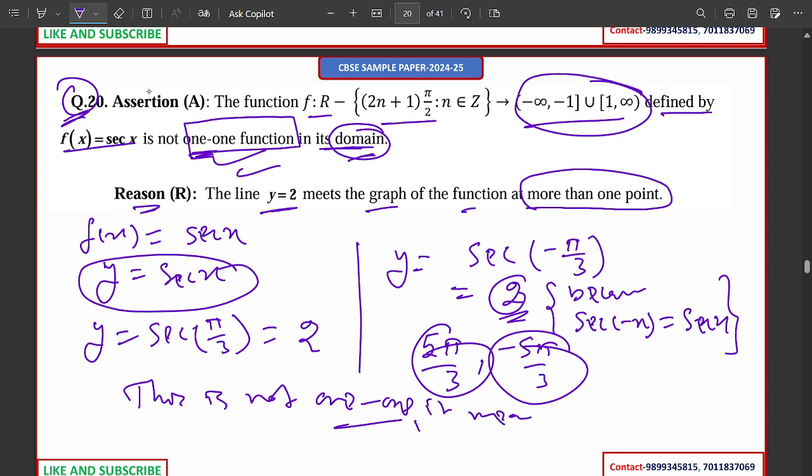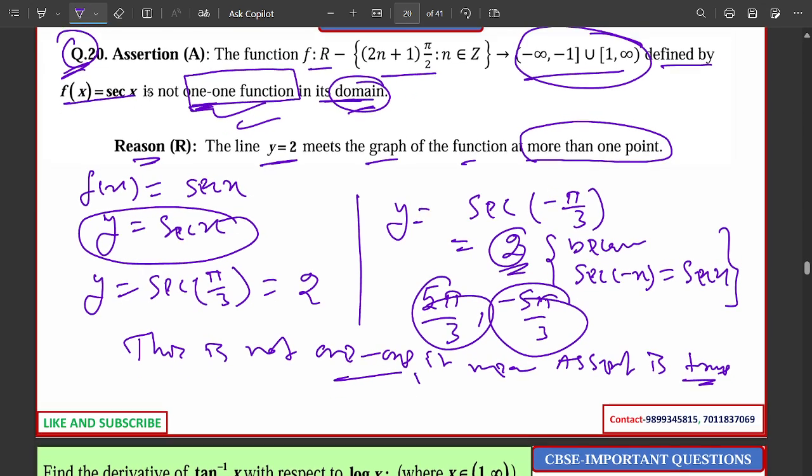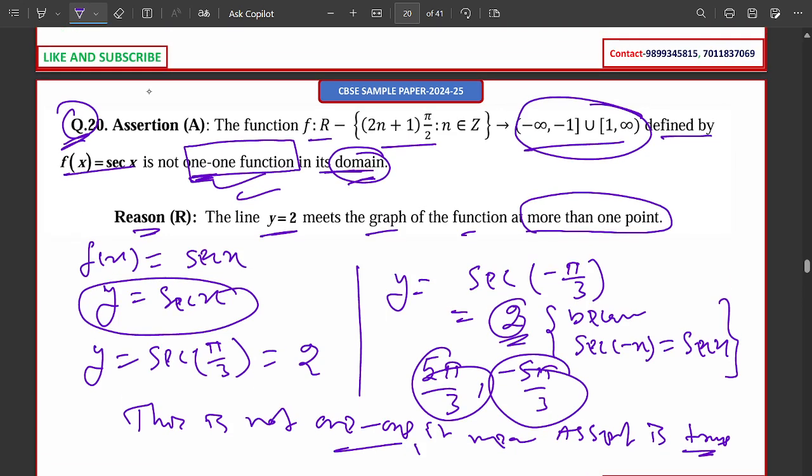And if we find more than two values of this function, it means the line y is equal to 2 meets the graph of the function at more than one point. So this is also correct.